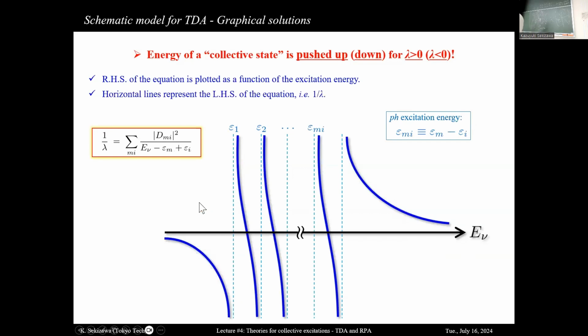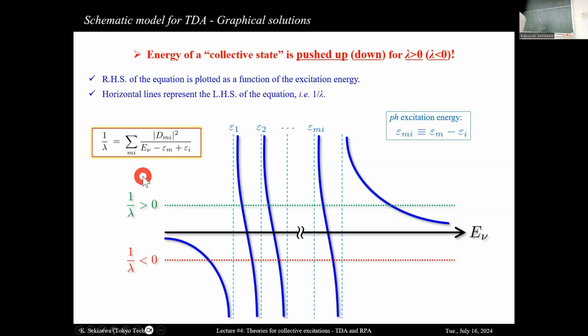And now we draw the left-hand side. So the left-hand side is 1 over lambda. So depending on the strength lambda and the sign of lambda, we can draw these horizontal lines like this or like this.